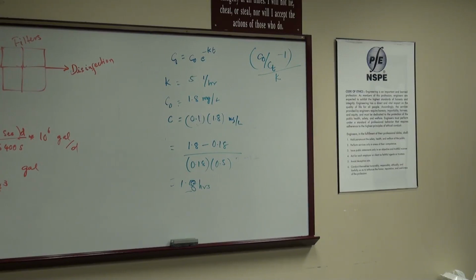Okay, so C equals C naught over 1 plus K theta. To simplify that, it's C times 1 plus K theta equals C naught. And you do 1 plus K theta. But that's the formula. Oh, yeah, you're right.